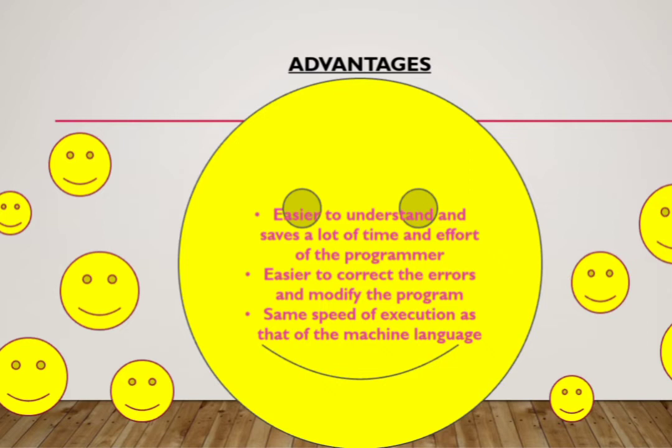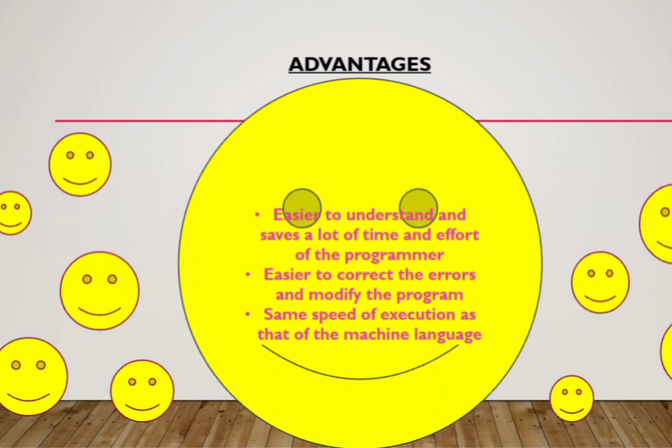There are some meaningful words used in the assembly language which make it easier to understand, and it saves a lot of time and effort of the programmer. It is easier to correct the errors and modify the program. So, we can find the errors in an easy way. Also, we can modify the program within a few seconds.